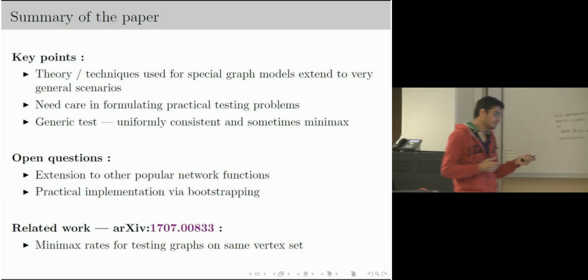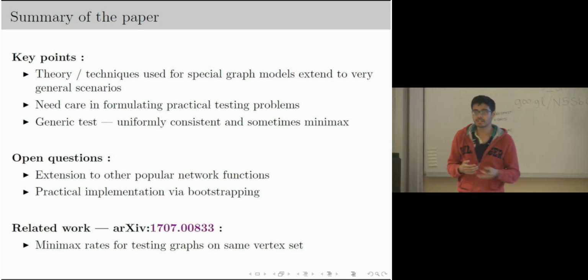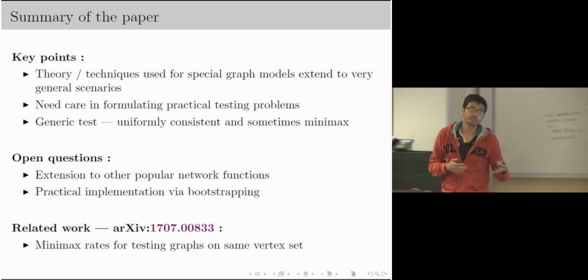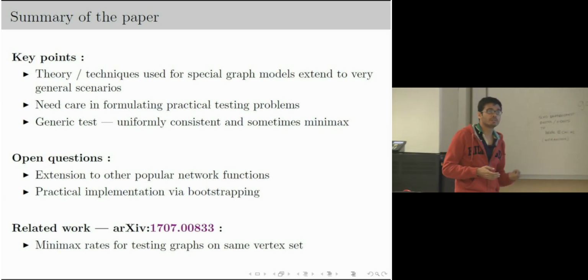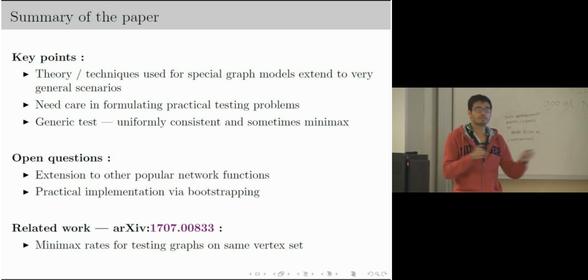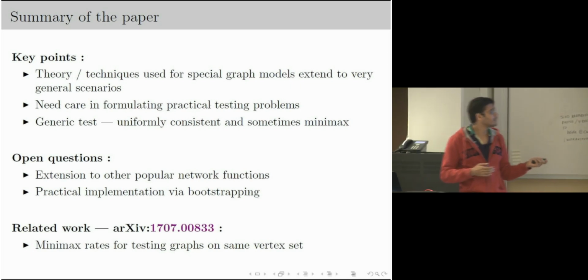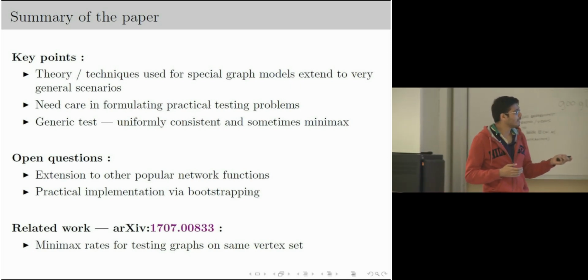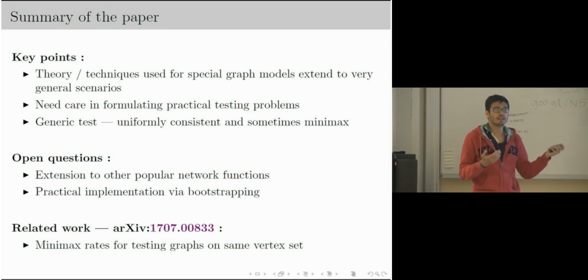And this immediately motivates one to study what other network functions would concentrate, like whether we can look at things like centrality measures or betweenness and clustering coefficient. Whenever you prove a concentration for that, you can test two graphs based on that.